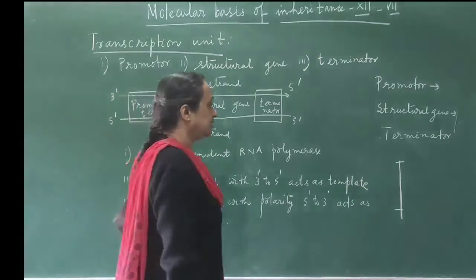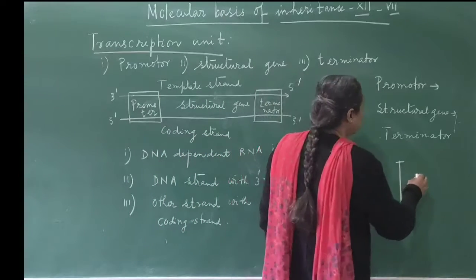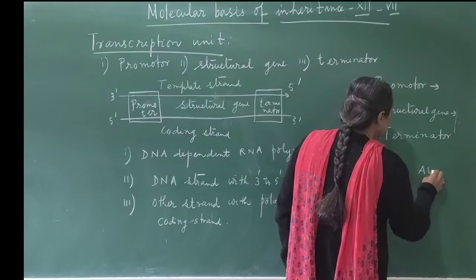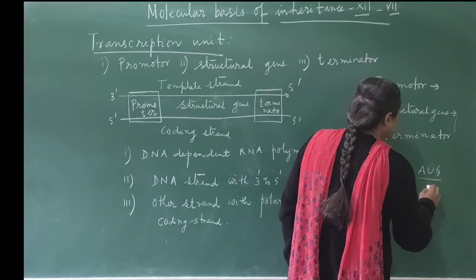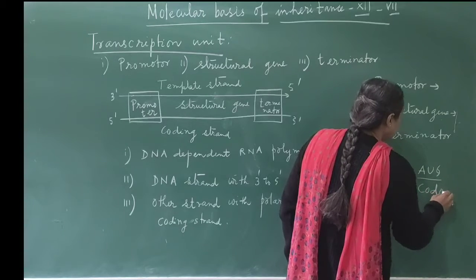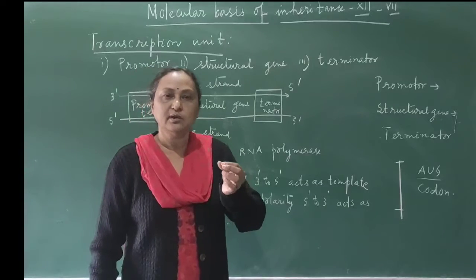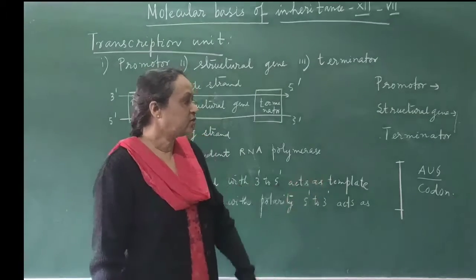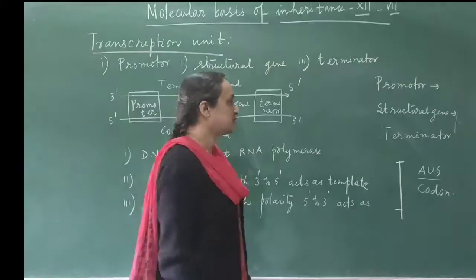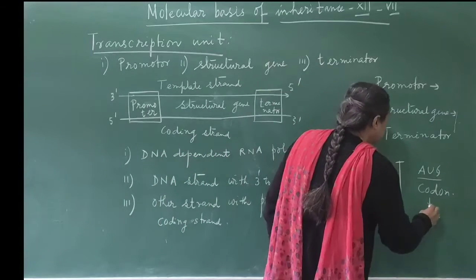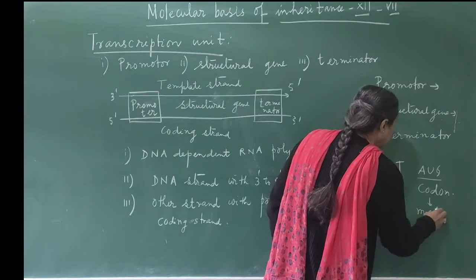Yesterday also in the video I told you, 3 nitrogenous bases are called one codon. And one codon can give the information about one amino acid. For example, codon AUG specifies the amino acid methionine.